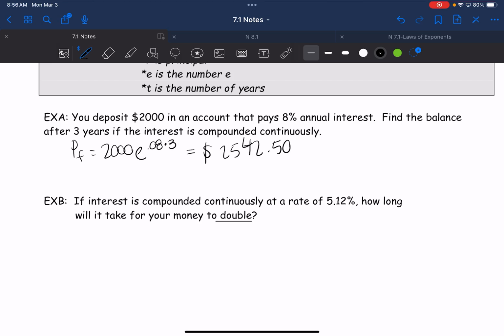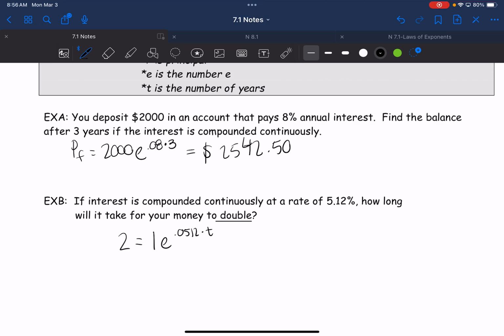Okay, so we could just use 2 to represent double and 1 to represent original, right? Okay, so we could have 2 as the outcome equals that principal, which we'll just say is 1 to show that it's doubled, times E raised to our rate, which is that 5.12% or 0.0512 times T. Okay, so really the only thing we're missing is T.